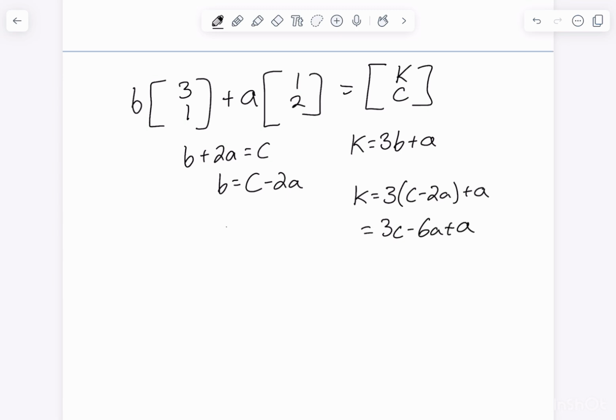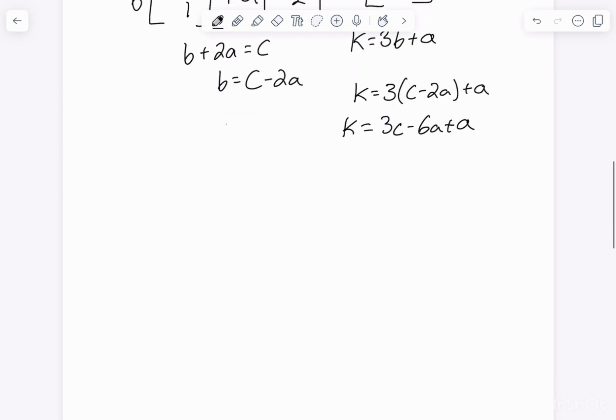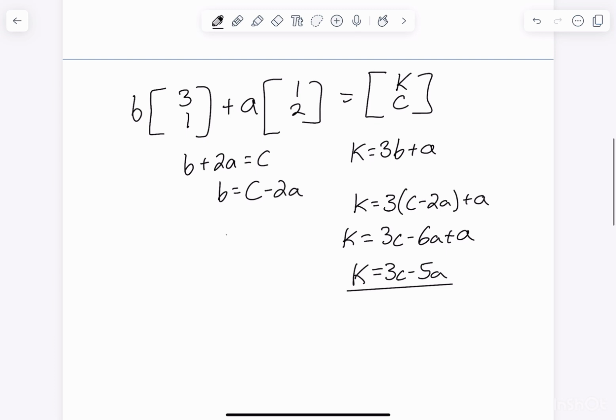So then k is going to be equal to 3c minus 5a. And now since we found k, we can define k as a product of c and a.